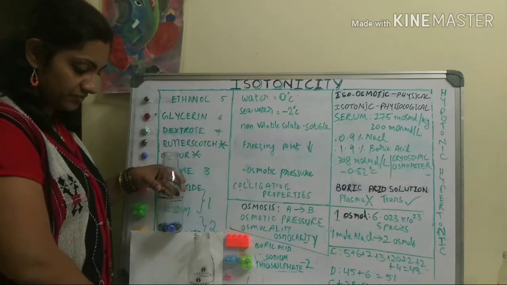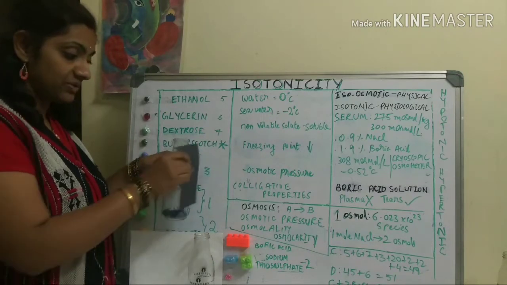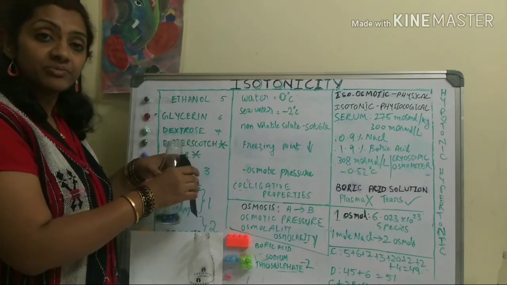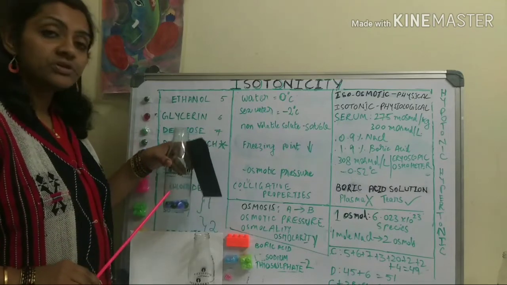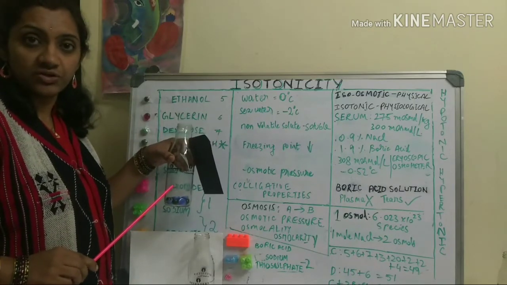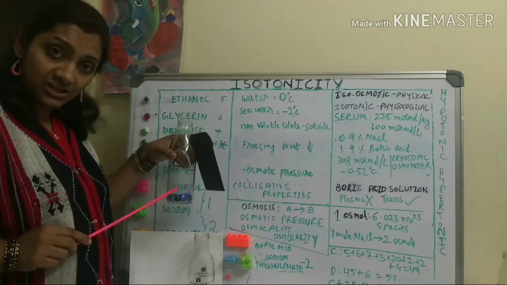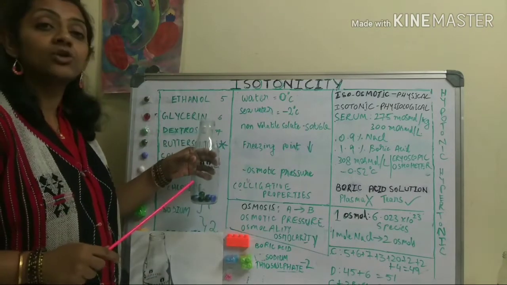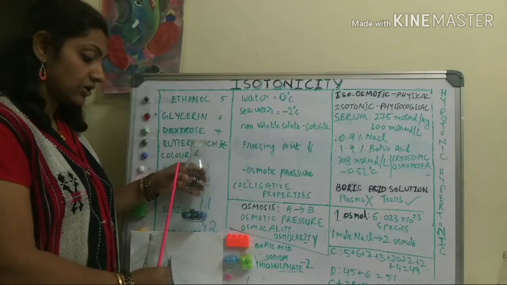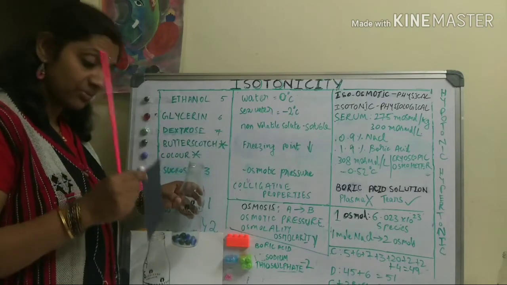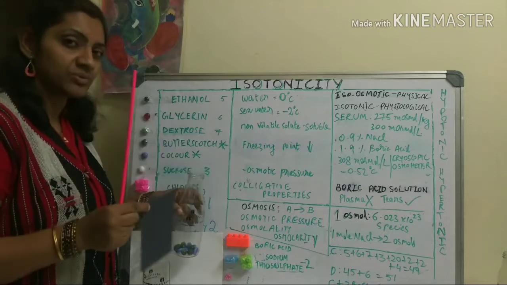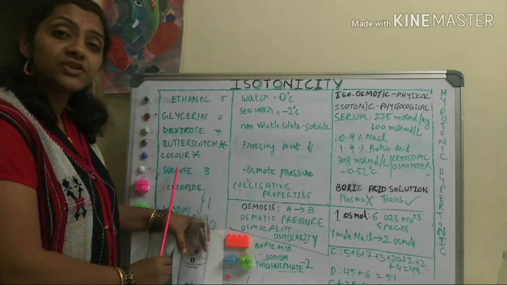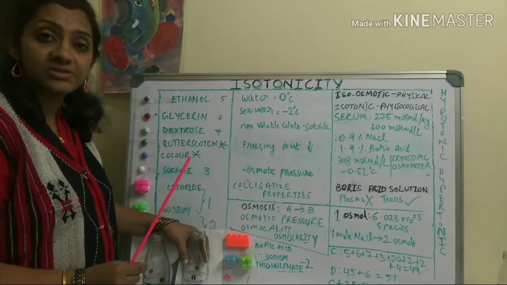In this scenario, the movement of solvent molecules from a region of their higher concentration to a region of their lower concentration across a semi-permeable membrane, please assume this as a semi-permeable membrane, is called osmosis.